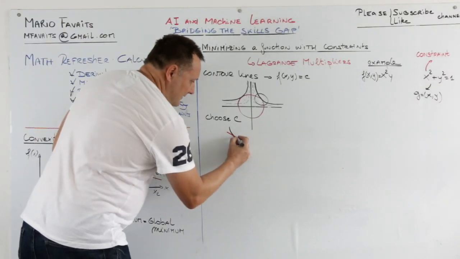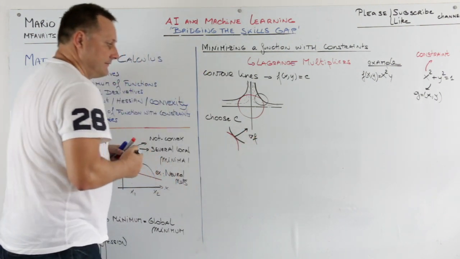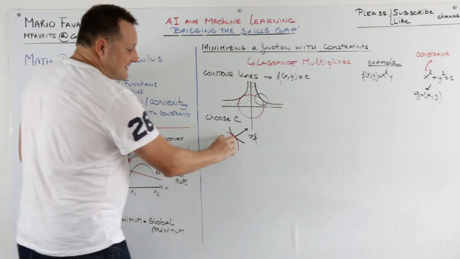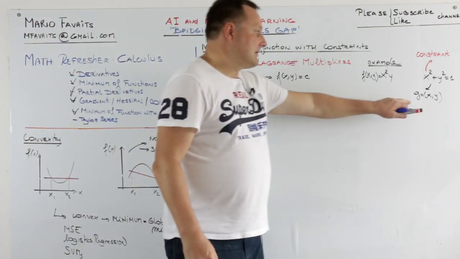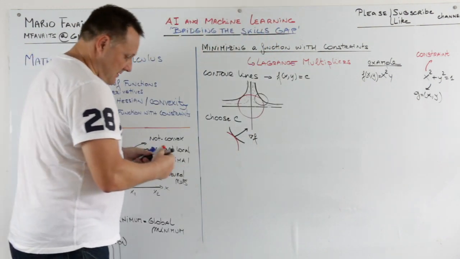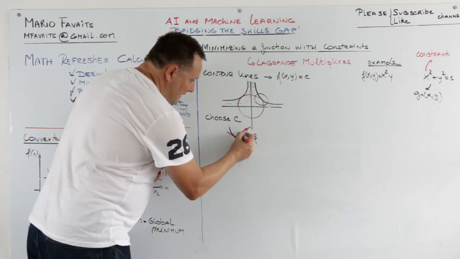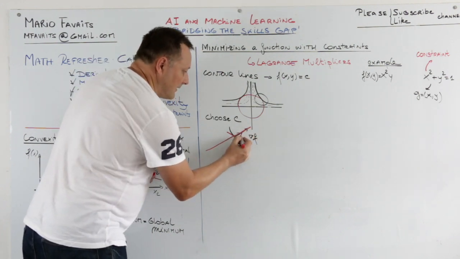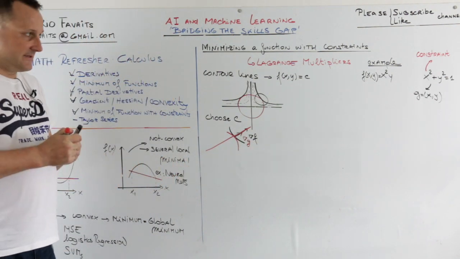We know the gradient is perpendicular to the contour line, so this is the gradient of f. But since they kiss, the gradient of g will be in the same direction, or in the opposite direction. But the gradient of g will also be on this line. And we can put it here, gradient of g. Doesn't really matter where it is.